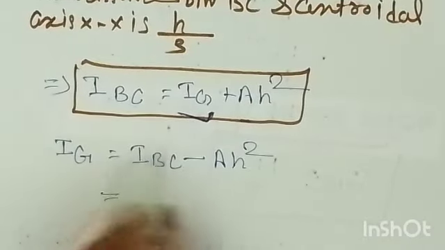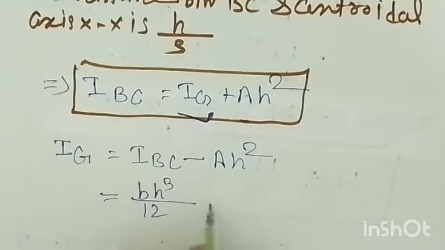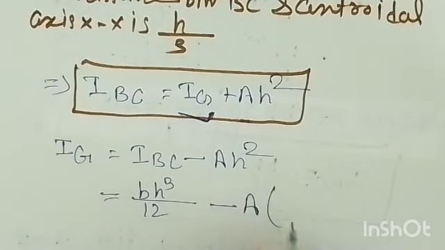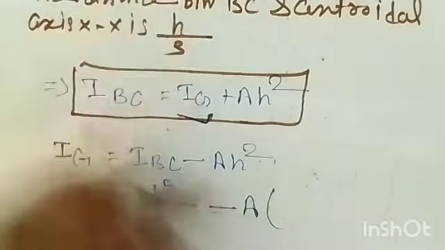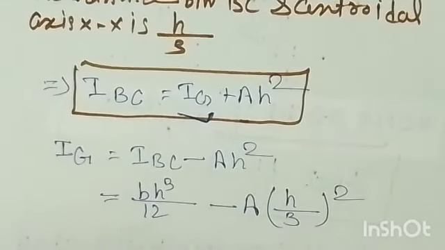The moment of inertia about the base of a triangular section, which we just derived, is b h cube by 12. Just substitute the formulas and get the answer. Minus the area A and the height of the center of gravity, h by 3, whole square.